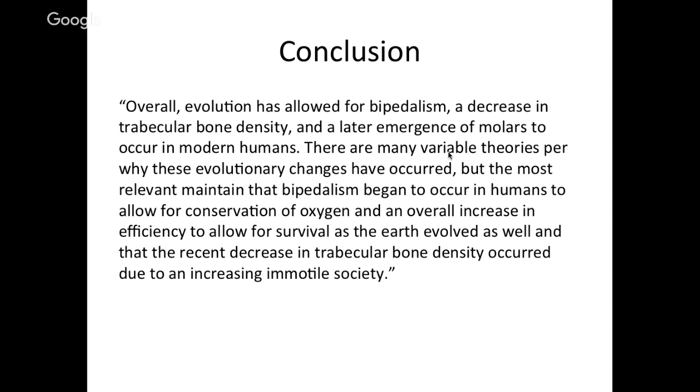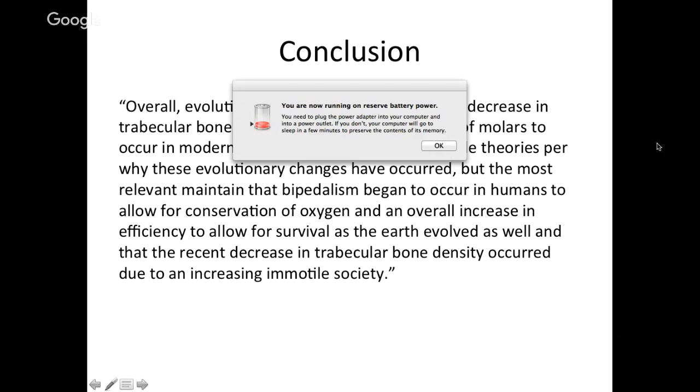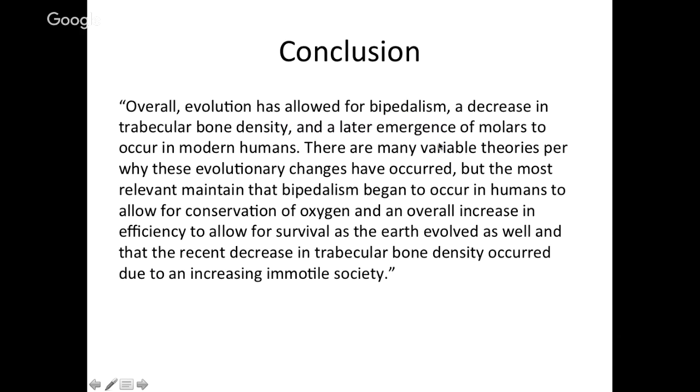There are many variable theories for why these evolutionary changes have occurred, but the most relevant maintain that bipedalism began to occur in humans to allow for conservation of oxygen and an overall increase in efficiency to allow for survival as the Earth evolved as well, and that the recent decrease in trabecular bone density occurred due to an increasingly immobile society. And I also want to add that there is a direct relationship between brain size and molar emergence. So that's my presentation.